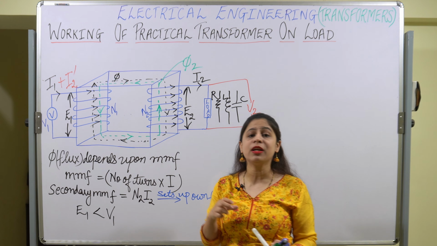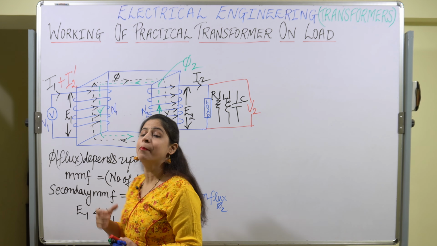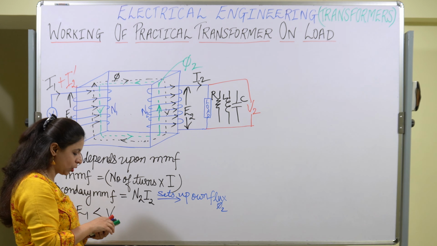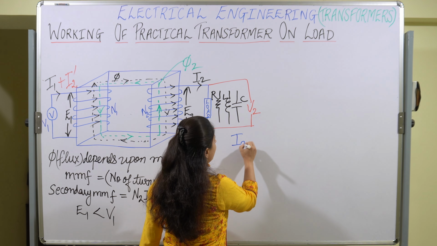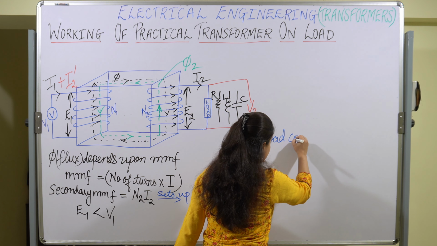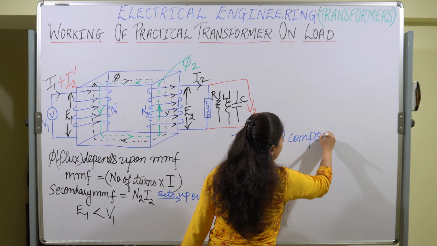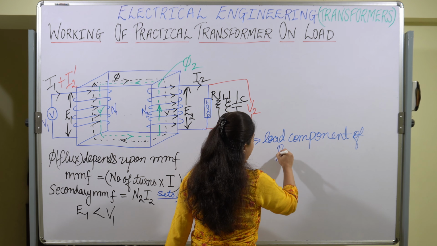So that's why we are giving it I2 dash. This is known as the load component of the primary current. This is important.